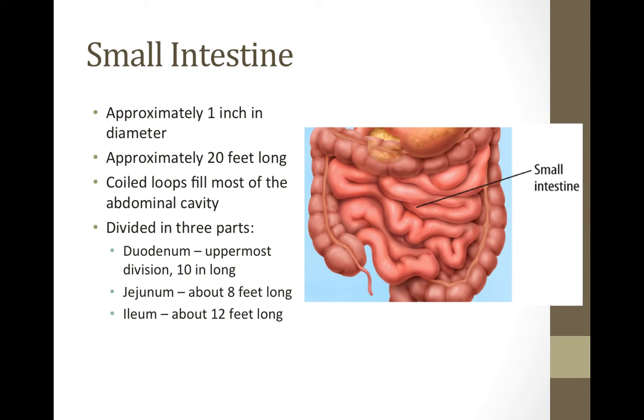Okay, so after the stomach, we're going to get into the small intestine. Your small intestine is about 1 inch wide, so the lumen is about 1 inch wide, and about 20 feet long. So this is a really long hose all wound up inside your abdomen.